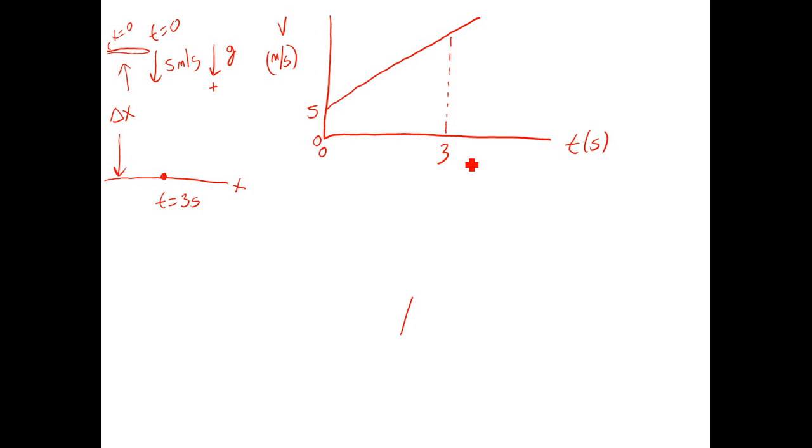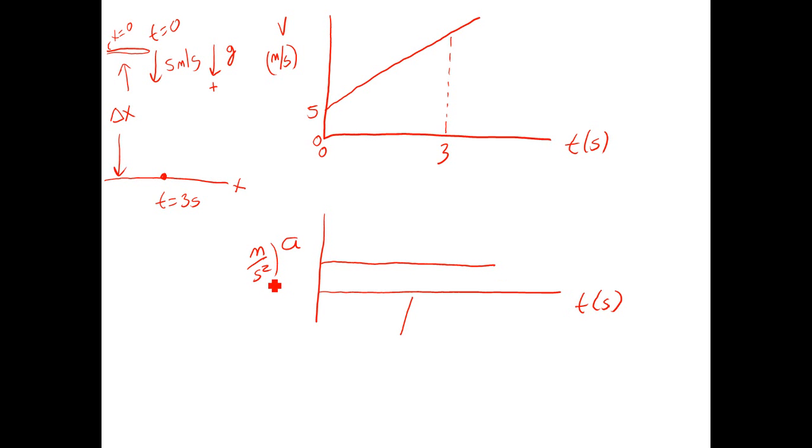And we can also draw the acceleration versus time graph. And again, acceleration is positive, so it's up here. Again, this is time in seconds. This acceleration in meters per second squared.